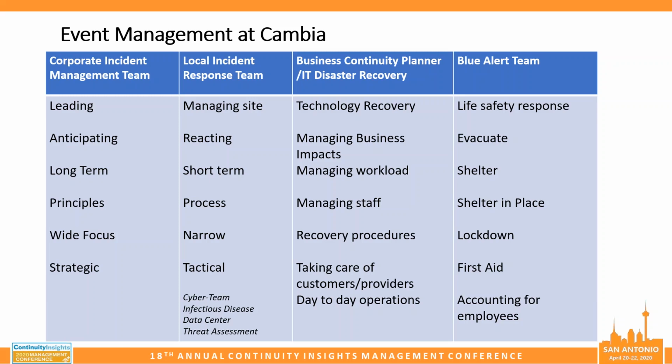The other exercise is done more at a global level, a Cambia-wide impact event, so something related to our network, our technology, infectious disease, et cetera, that might be affecting the entire organization versus just an individual site.